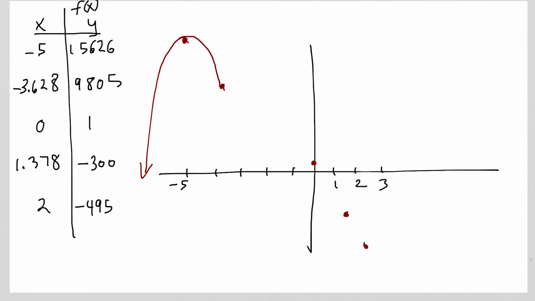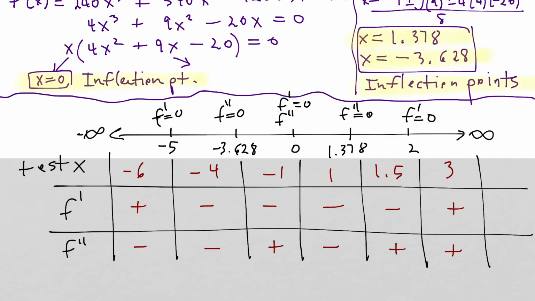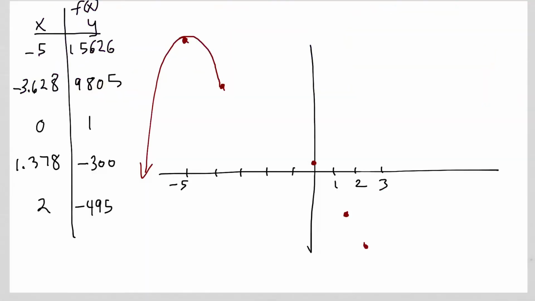Now between the next interval, between here and 0, I'm downhill, concave up, downhill, concave up.